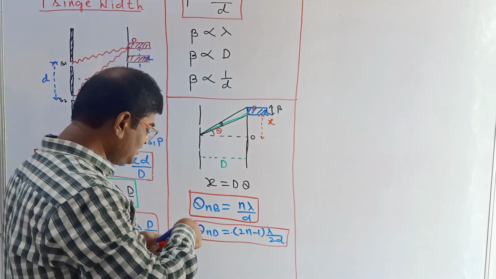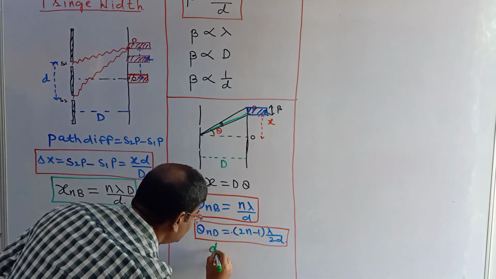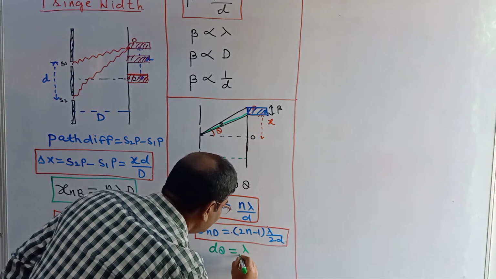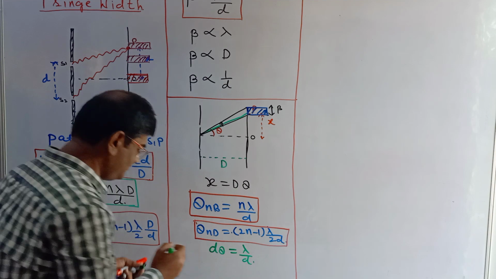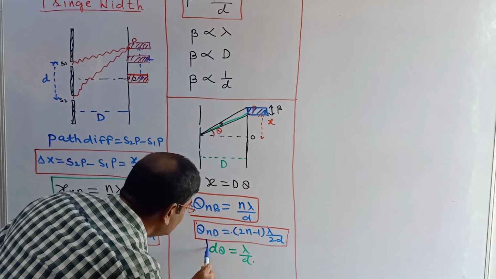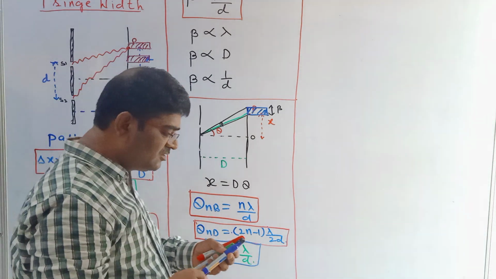I get that by simple steps. d theta I call that lambda divided by d. What does that equation give me? Angular fringe width. So this is the expression for angular fringe width.